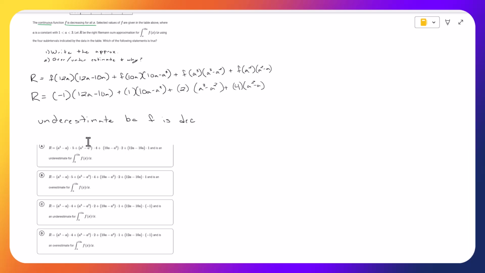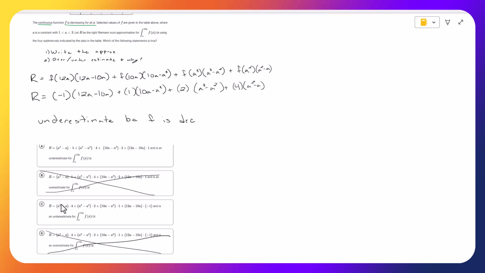Let's start by underestimate or overestimate. Okay, we said it's an underestimate, so we can already eliminate 2 answer choices. We can eliminate B and D, because the underestimate part you should also be able to come to without writing the Riemann sum. This is a right hand, our function is decreasing, it's an underestimate. So now, which of these will match what we have up here?